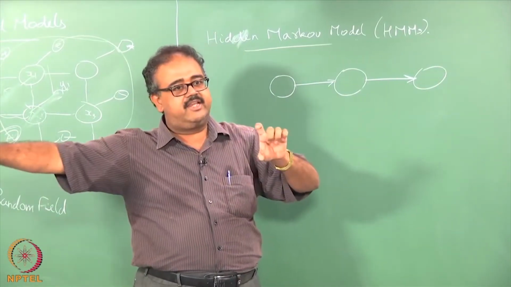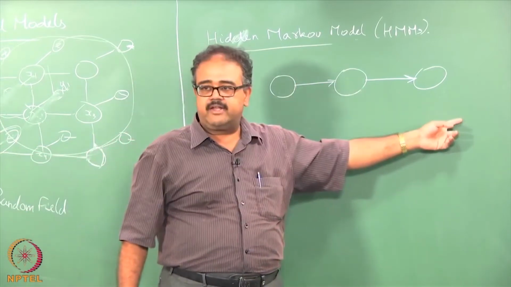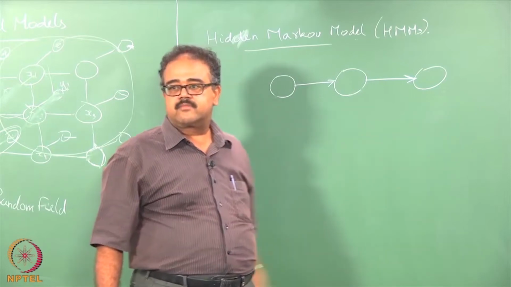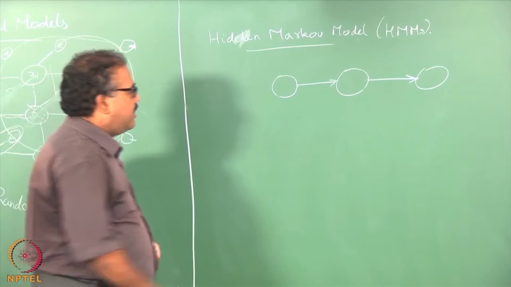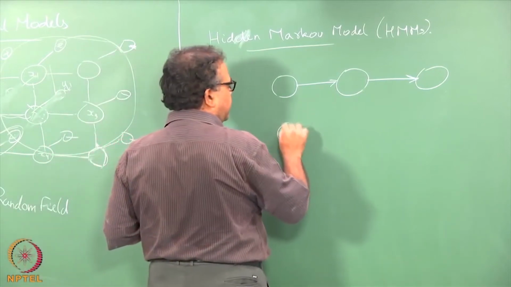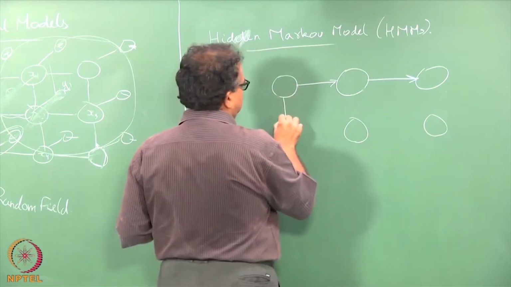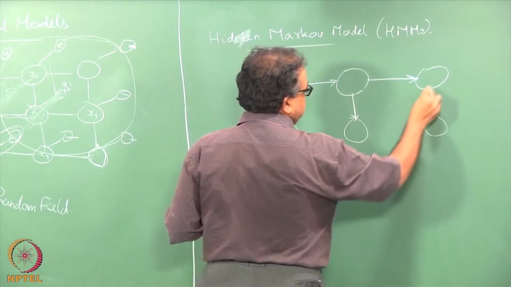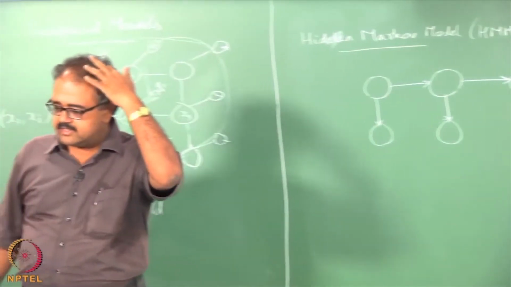Just have a chain directed graph. So this is sometimes called a left to right model. Okay, simple left to right model. So this is the Markov part. I am also going to assume that I have a set of observations that I make.